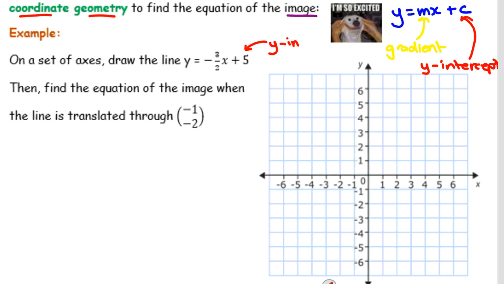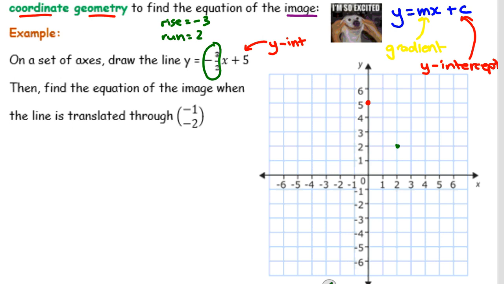The intercept is +5. I'm going to plot the y-intercept first, and I'm going to use the gradient to plot some more points. So rise is -3, the run is +2. So from 5, to plot another point, I need to go down 3 and across 2. Let's do some more.